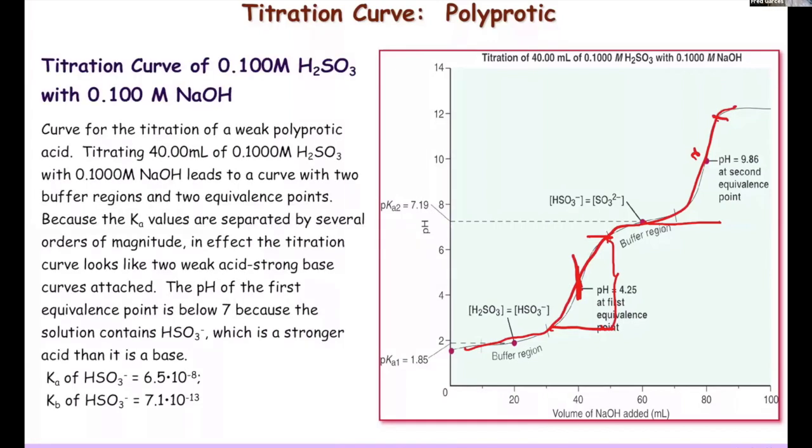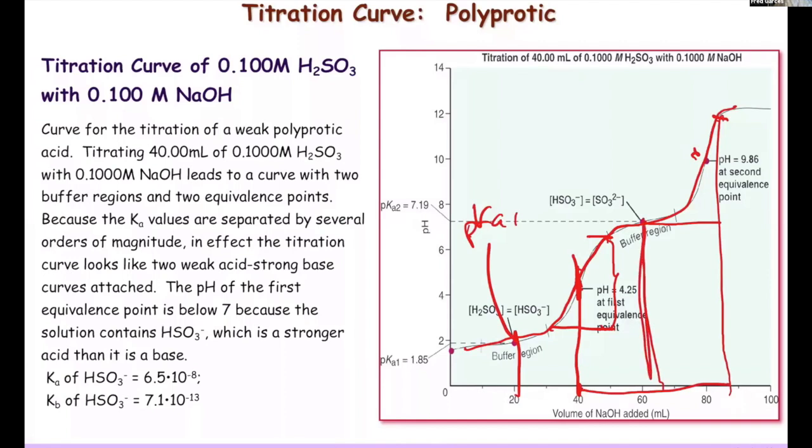Okay. And you could probably calculate the Kas because if this is the equivalence point for the first one, halfway to that will be the pKa1. If this is the equivalence point for the second one, so we're going from here to here, halfway to that, we have to look at this region right here. That's your pKa2.